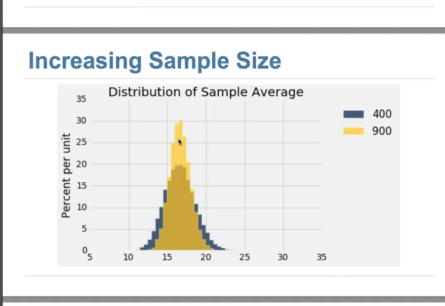So back to our earlier question for our sample proportion: how large does the sample size need to be so that the bell curve is really narrow and the width is within 1%? That's the question we want to answer.